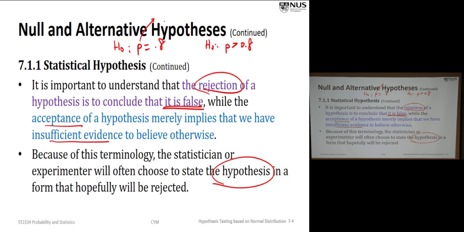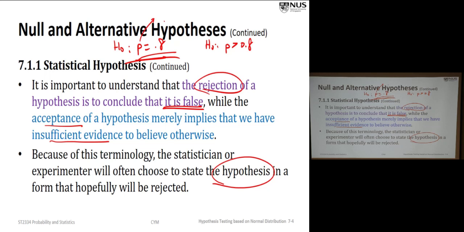In this case, the status quo is that your drug is similar to the other drugs, so the probability of recovery should be the same. What we try to do is to say that I will not believe that P for this new drug should be different from 0.8. In fact, I believe it's bigger than 0.8. So I try to look for evidence to say that P is bigger than 0.8. So my null hypothesis is the status quo, the old belief, or the one that I want to reject.